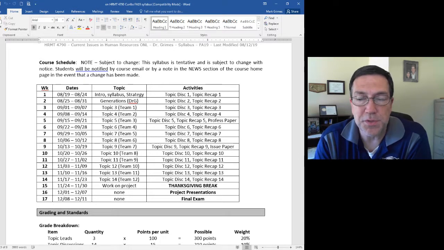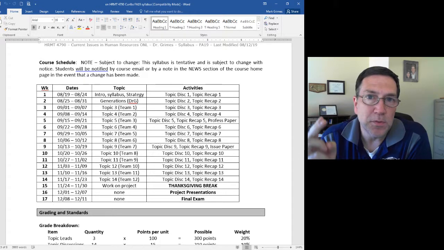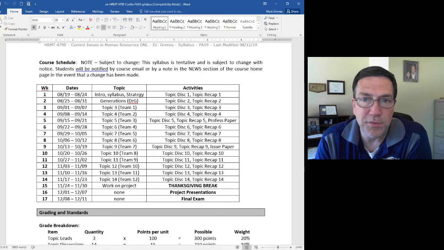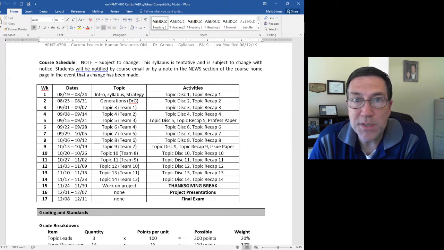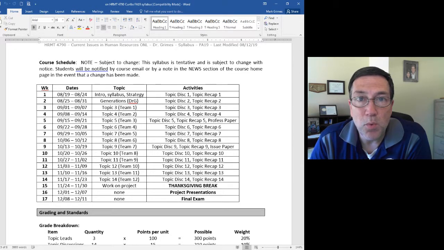You're going to research the topic. You're going to give to me the URLs, the titles of the SHRM articles. You're going to give to me the well-developed talking points, and you're going to give to me the discussion question or questions, and I'll have it loaded out there. And then during the week of that discussion, you as the team leaders will be more active trying to get people to share their ideas, asking questions, and so forth.